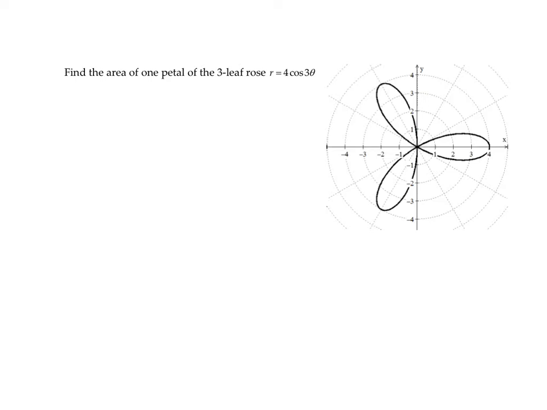So let's do that. Let's find some solutions to this equation. When is the cosine 0? Well, there are infinitely many possibilities. Let's write down a few.